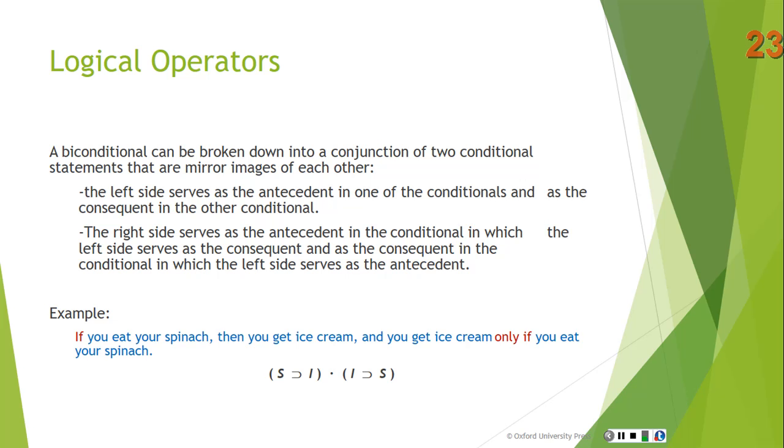If you eat your spinach, then you get ice cream. That's one if-then statement. You get ice cream only if you eat your spinach. That's another if-then statement, and it's joined by "and." This is the way we translate it: S horseshoe I and I horseshoe S. S horseshoe I dot I horseshoe S.